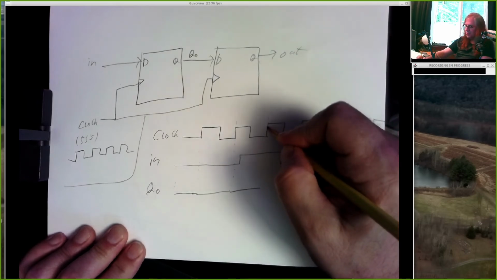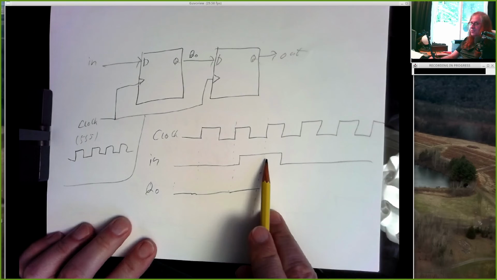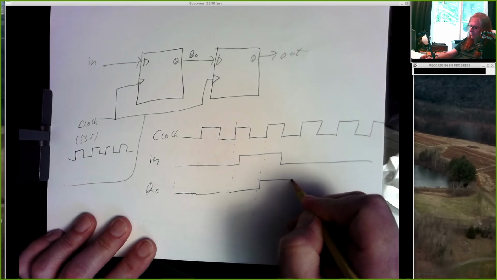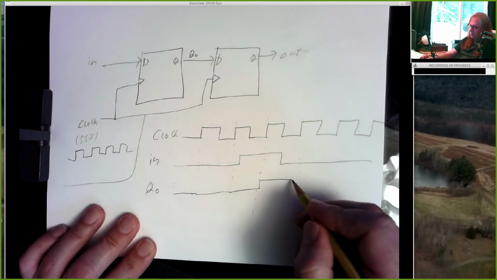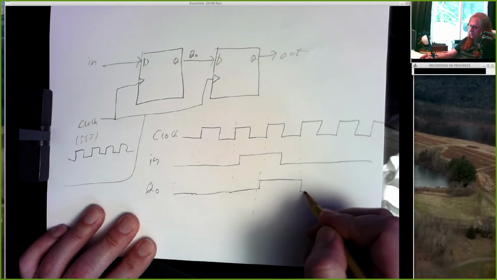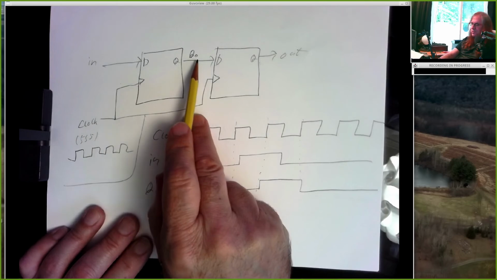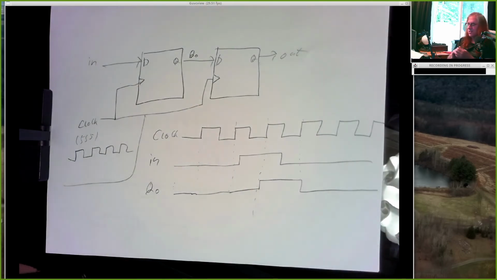The next time the clock ticks, it looks at the input, and the input is a 1. And so at this point, Q0 goes high. The next time the clock ticks, it looks at the input, it's a 0, so Q0 goes low. So that's what Q0 looks like. It's a slightly delayed version of the input.